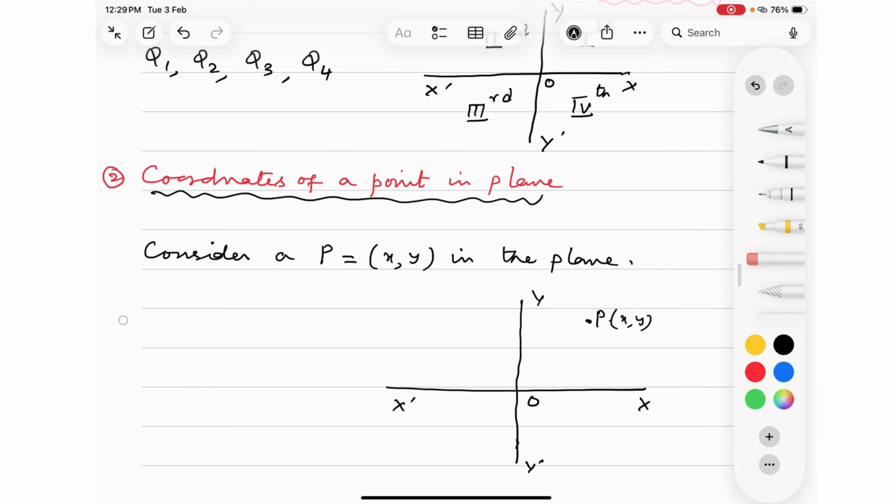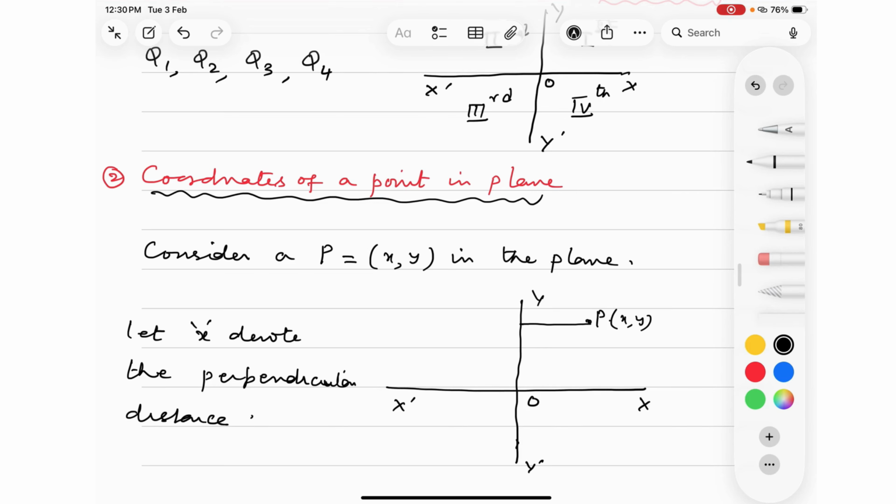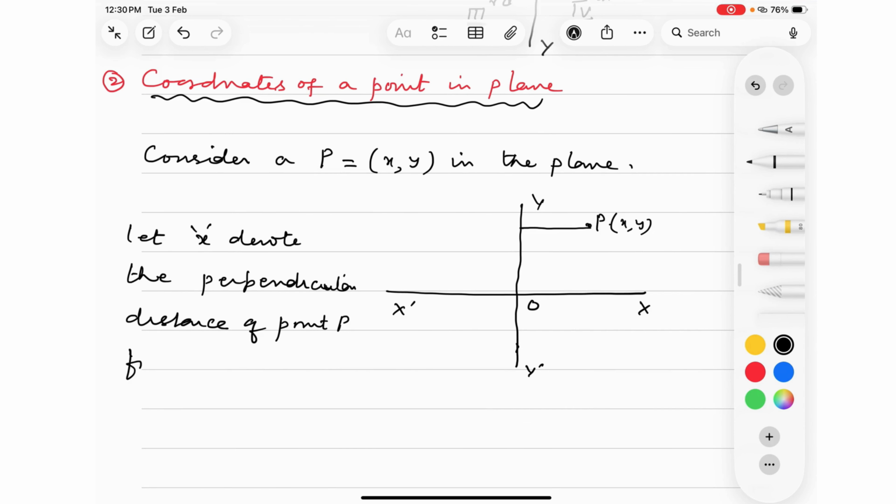So x denotes the perpendicular distance of P from the y-axis.